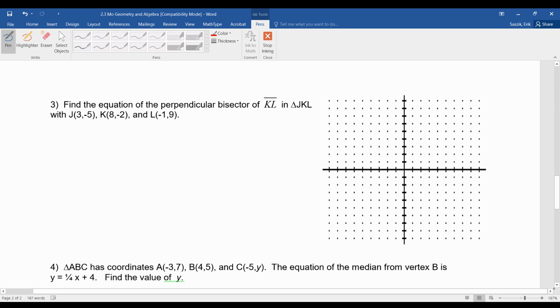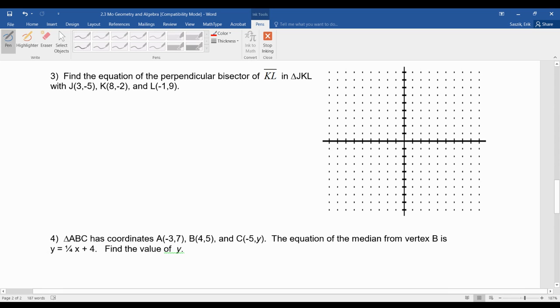So number 3 on the back, again, there's a grid here as well, but the grid isn't necessary. So remember, perpendicular bisector comes from anywhere. It's got to be perpendicular and through the midpoint. So maybe you try this one yourself if you haven't already. You know what I'm going to do first is I'm going to find the midpoint of KL.